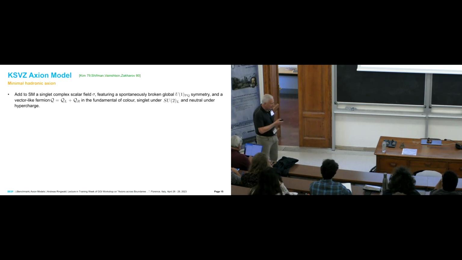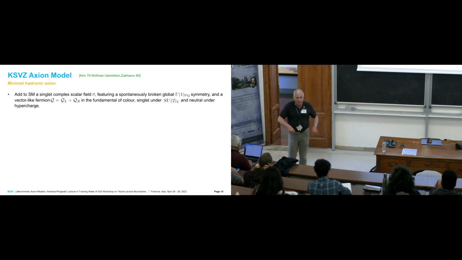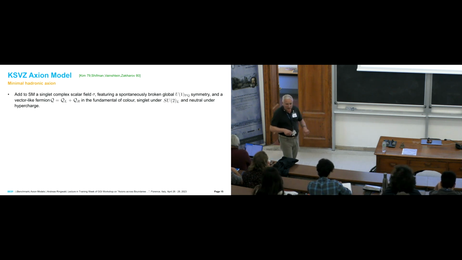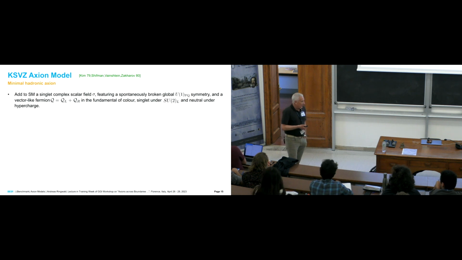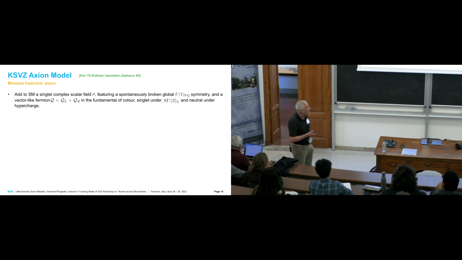Now, so far this was a completely phenomenological model. You just put in by hand, replacing the theta parameter of QCD by a dynamical field. But how can this dynamical field arise from a UV completion?